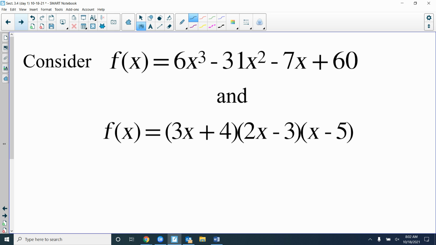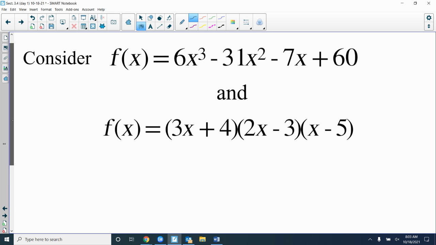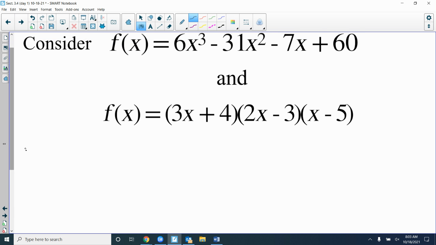Yours is spread out. And where it says f of x equals, put down this second part. I'm going to put them side by side here. So f of x equals 6x cubed minus 31x squared minus 7x plus 60.